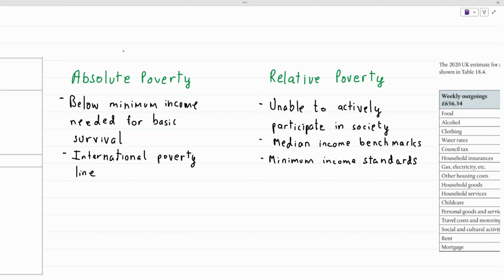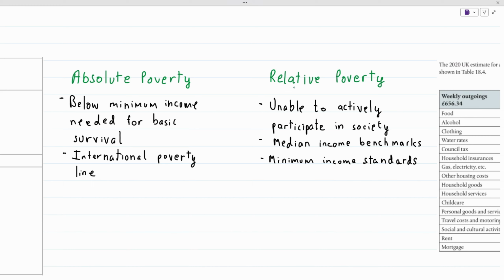For example, the UN defines this as anyone who earns below USD 1.9 per day. Now, this is the widely accepted definition, and what this basically means is that anyone in the entire world, if they earn below 1.9 US dollars per day, they're considered absolutely poor in that they cannot support their most basic needs of food and shelter and other aspects.